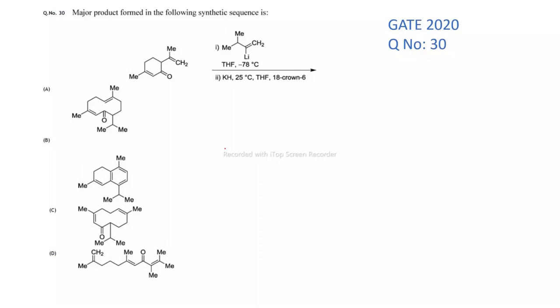One attack is possible at the keto group, another at the double bond, normally not preferred, and another is 1,4 addition, right? So where will it attack? At the keto position or the unsaturated double bond, like the methyl center where the methyl is attached.